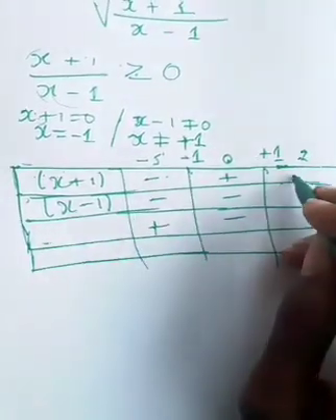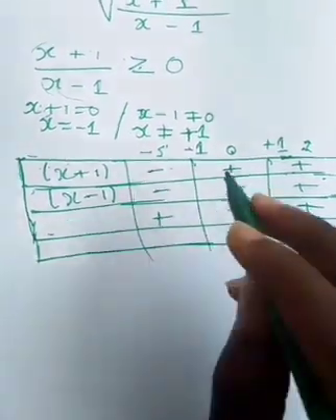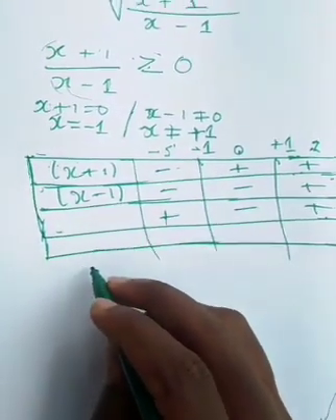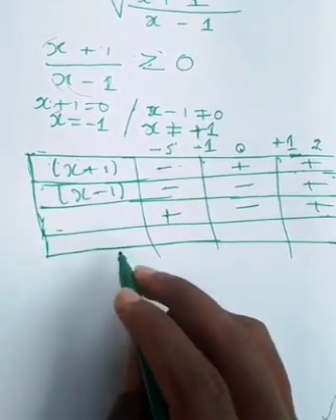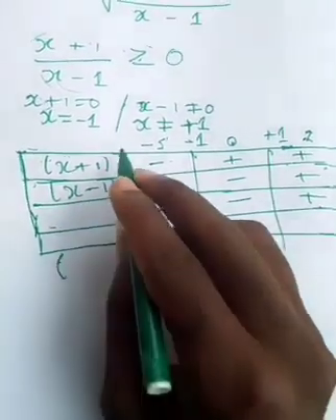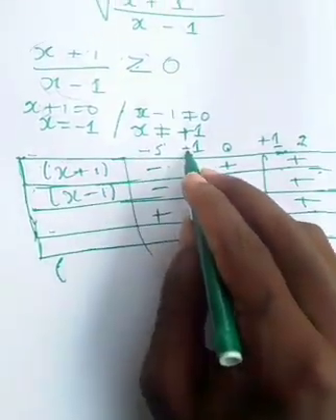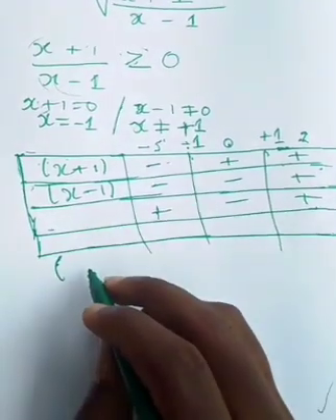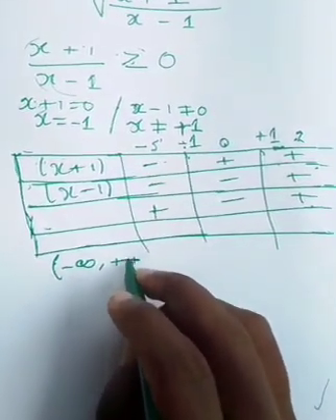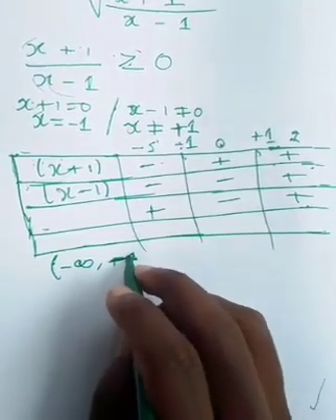So listen, since we have a greater than symbol here, we're looking for the positive region. So the positive region is this. So we start from negative infinity to negative 1. Should be negative 1, not positive 1.